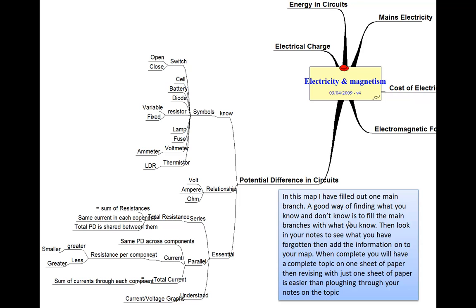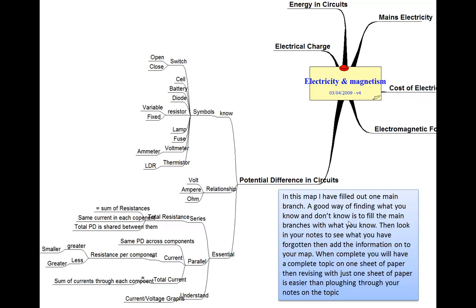Now, this is a very good way of finding out what you know and what you don't know. You set the center core, which you would know, electricity and magnetism. Then you would know the different topic areas, like mains electricity, cost of electricity, etc. Let's assume you know potential difference very well indeed. So you can put down all the twigs and leaves, and you can honestly say you know that subject.